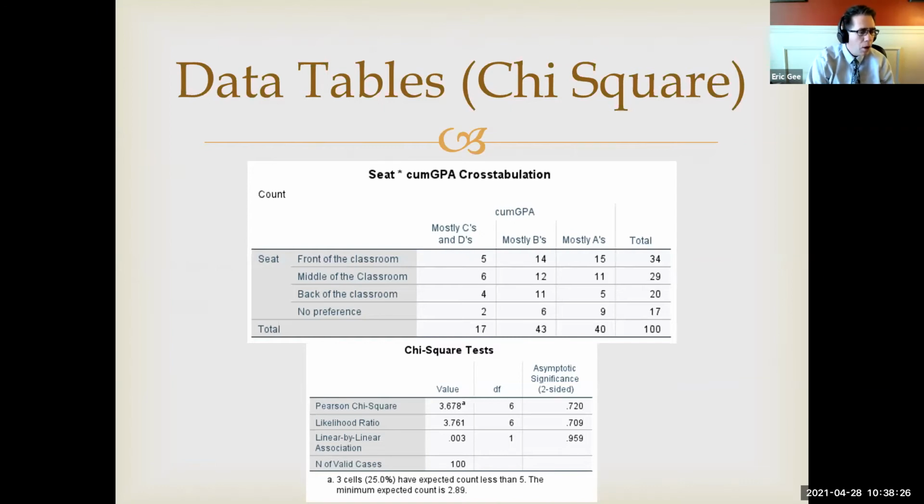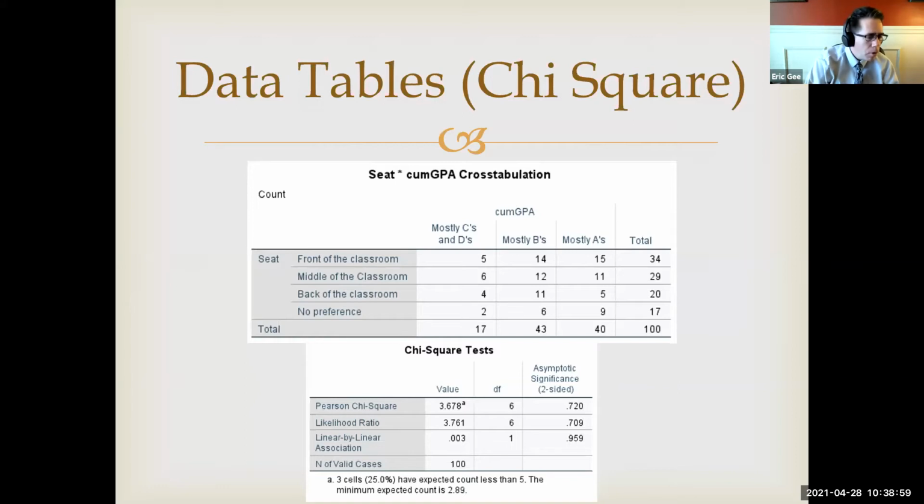So you can see mostly C's and D's and where they tend to want to sit across the board, and then the mostly B's and then the mostly A's where they want to sit. And of course, as you eyeball it, it doesn't always tell you a whole lot. It tells you a little bit more than just the descriptive data. But I use a procedure called chi-square, and chi-square looks at the data as I've outlined it here and makes a mathematical determination as to whether that data is significant or not.